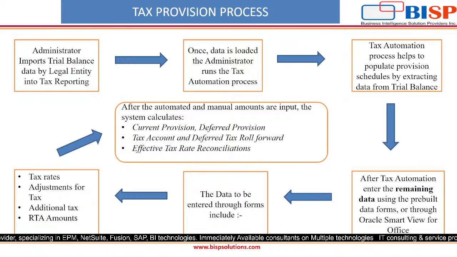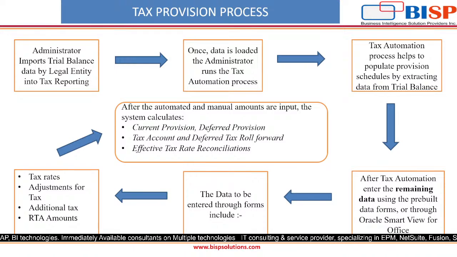Once the automated amounts are generated, there are data forms to include the tax rates, the adjustments for the tax, the additional tax amounts in case there are any due to rate changes, etc., and the RTA amounts as well. Once the automated and the manual amounts are input, the system will automatically calculate the final current provision and deferred provision, and it will automatically create the journal entry and roll forward that entry to the next period.